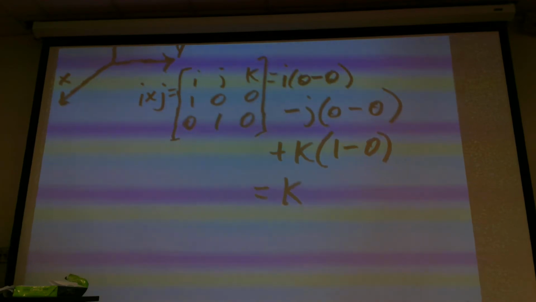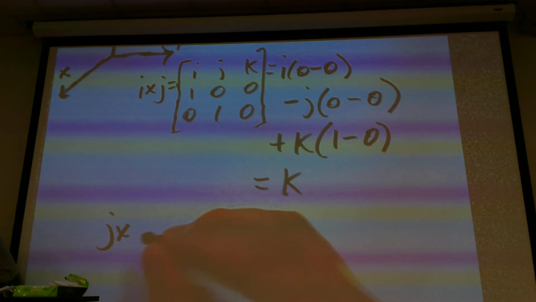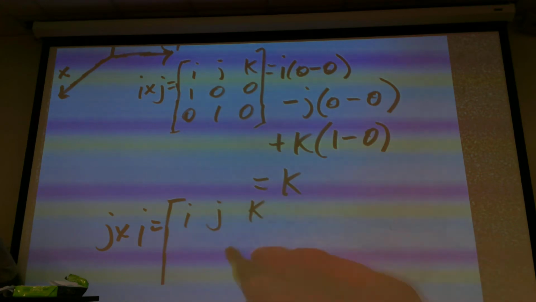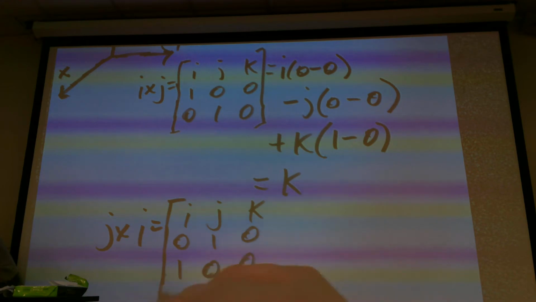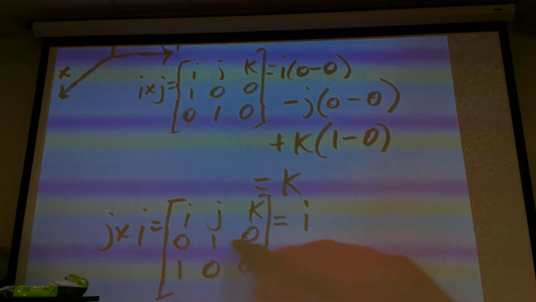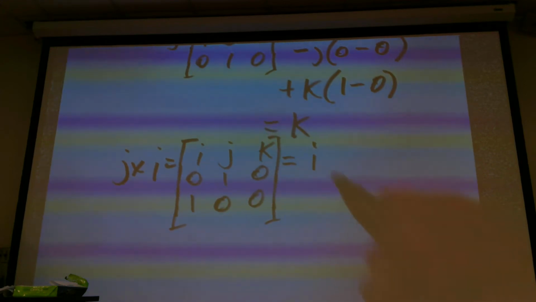Let's see what j cross i is. That's i, that's j, that's k, that's 0, 1, 0, 1, 0, 0. Now that would be i. For i, I'm just looking at these little components: 1 times 0 minus 0 times 0, so that's 0 minus 0.